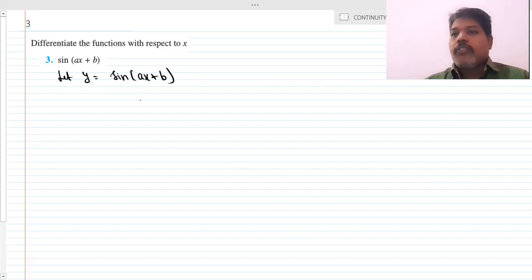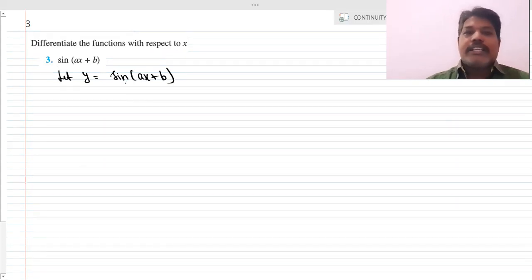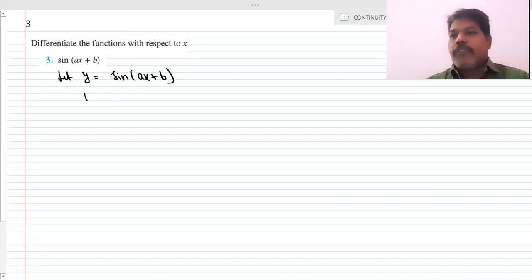Here also you have to understand that the given function is in the form of f of g of x. So how can you differentiate that one? Differentiate with respect to x.